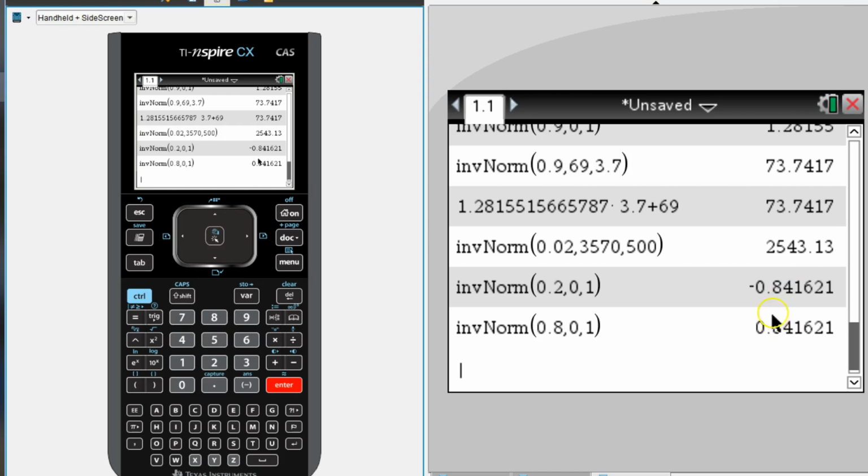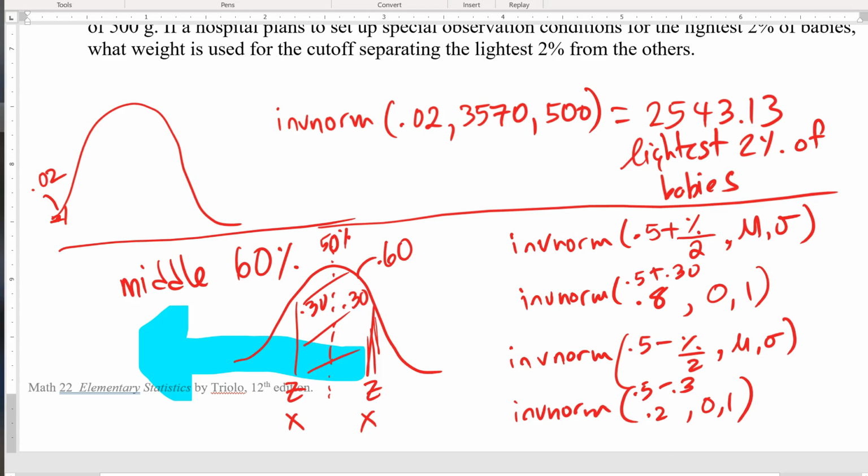They should be with z-scores. Negative 0.842 and positive 0.842. The first one actually would have been the negative. And those two z-scores would be the middle 60%. They're symmetric around the mean, and they would have 60% in the middle.